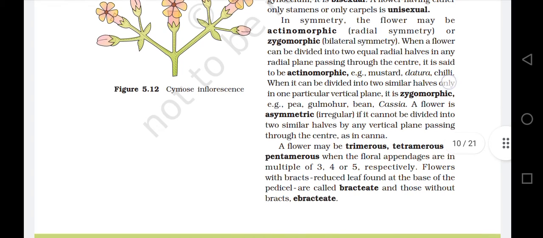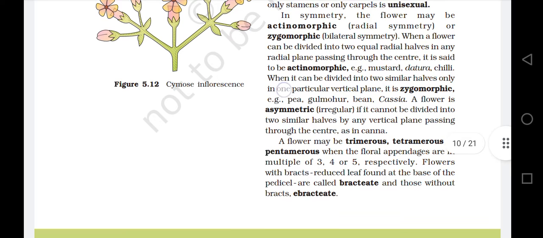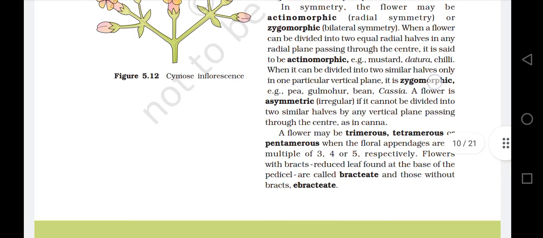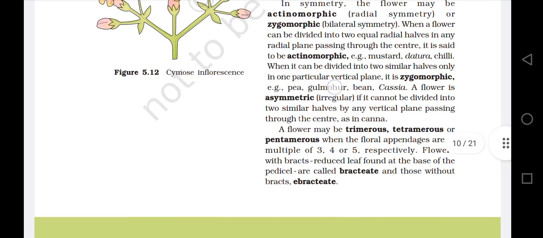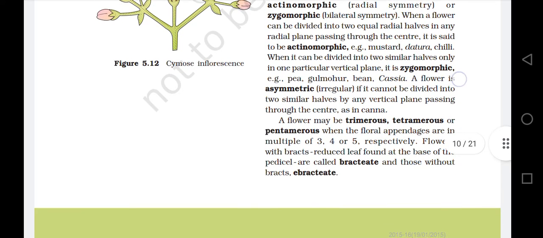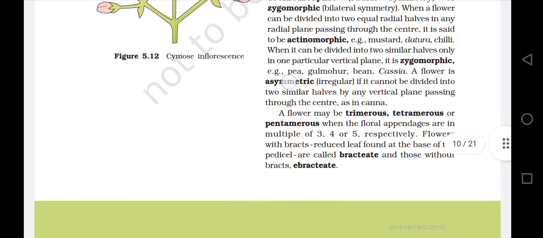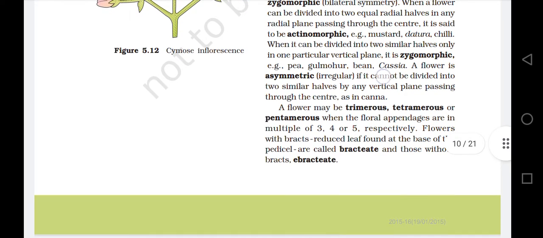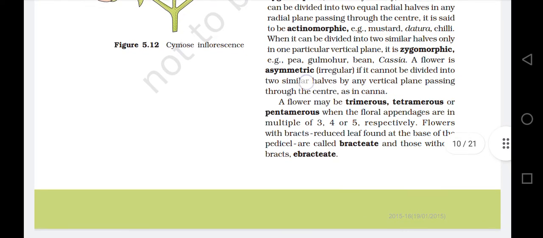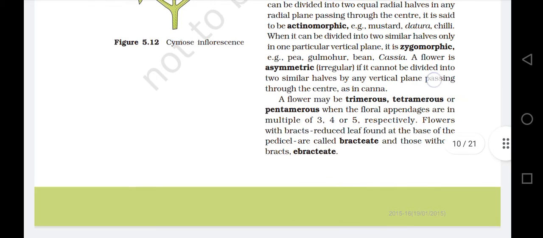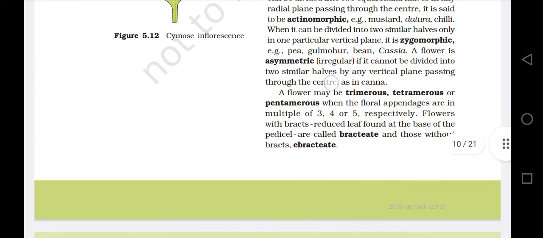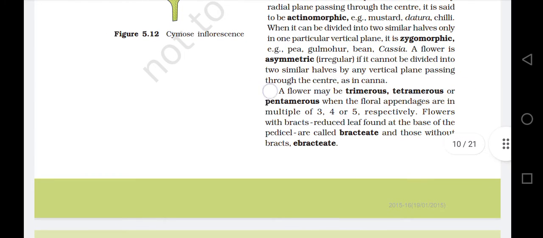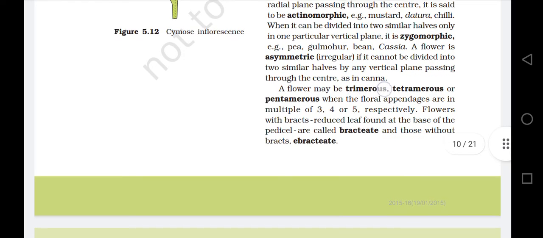Example: mustard, datura, chili. When it can be divided into two similar halves only in a particular vertical plane, it is zygomorphic. Example: pea, gulmohar, bean, cassia. A flower is asymmetric, irregular, if it cannot be divided into two similar halves by any vertical plane passing through the center, as in Canna.